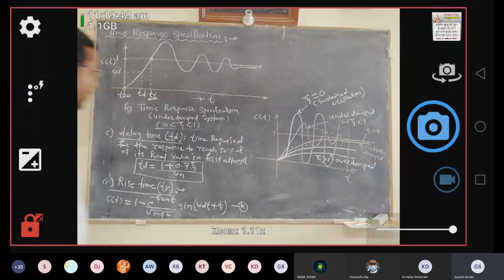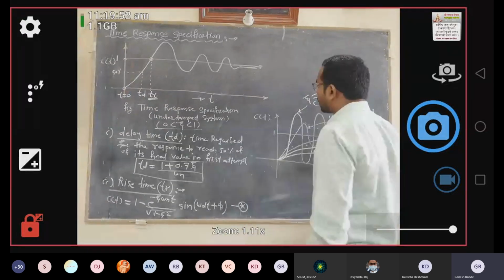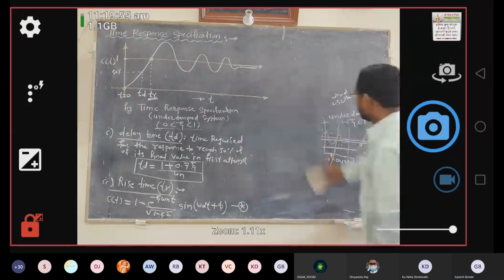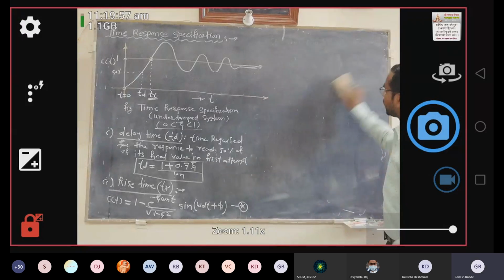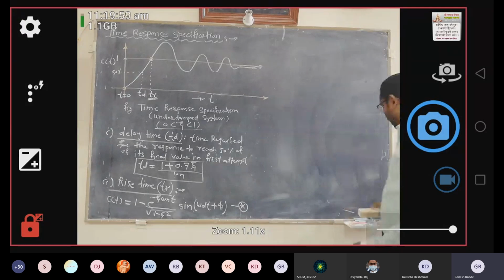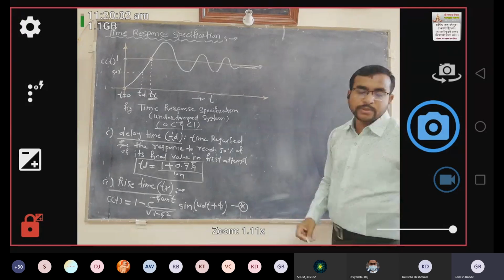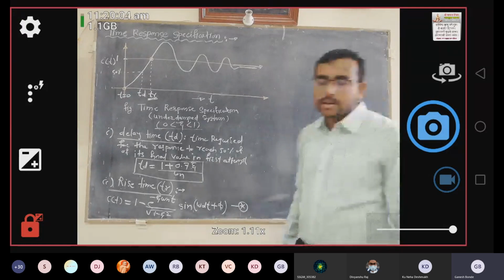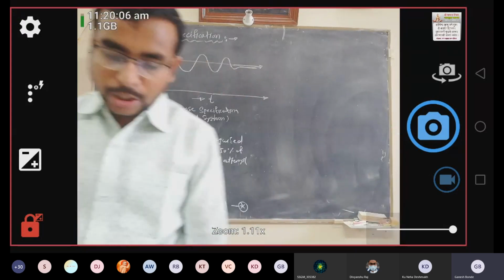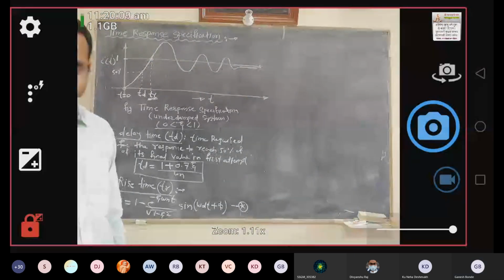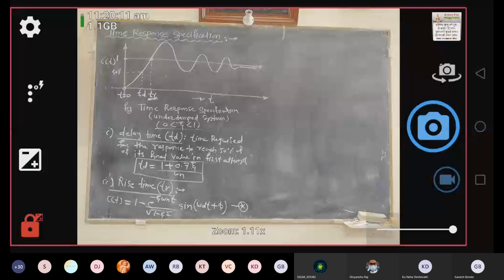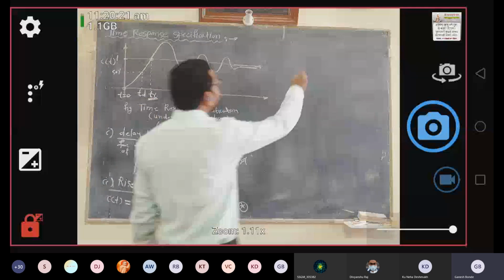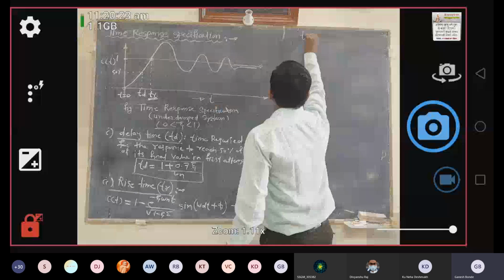This is the expression for time response of an underdamped type system when zeta is less than 1 and greater than 0. Now, with the use of this expression, we are going to determine the expression for TR. So this is your C of t. What is the value of C of t at t equal to TR? You just substitute t equal to TR in the star equation.